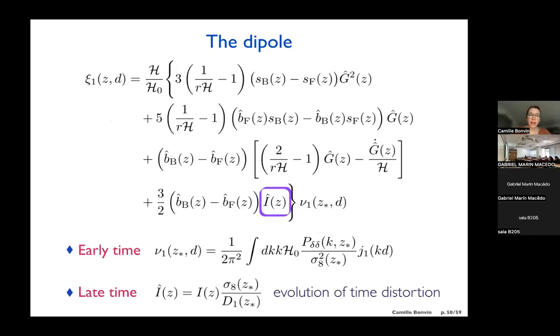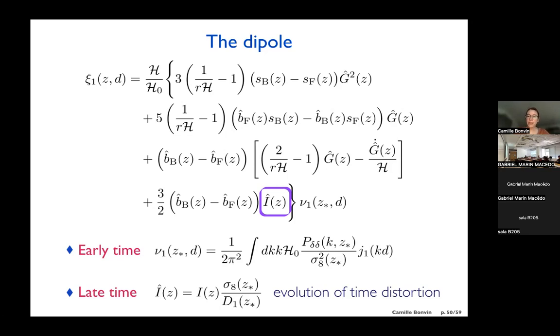Now, if we add the dipole that is sensitive to the time distortion, the dipole can be written in this way. It depends again on G hat, which has already been constrained by the even multipoles. It depends, of course, on the bias. And this time we have two different biases, the one of the faint population and the one of the bright population. And then what is interesting for us, it depends on this function I hat, which encodes the evolution of psi.